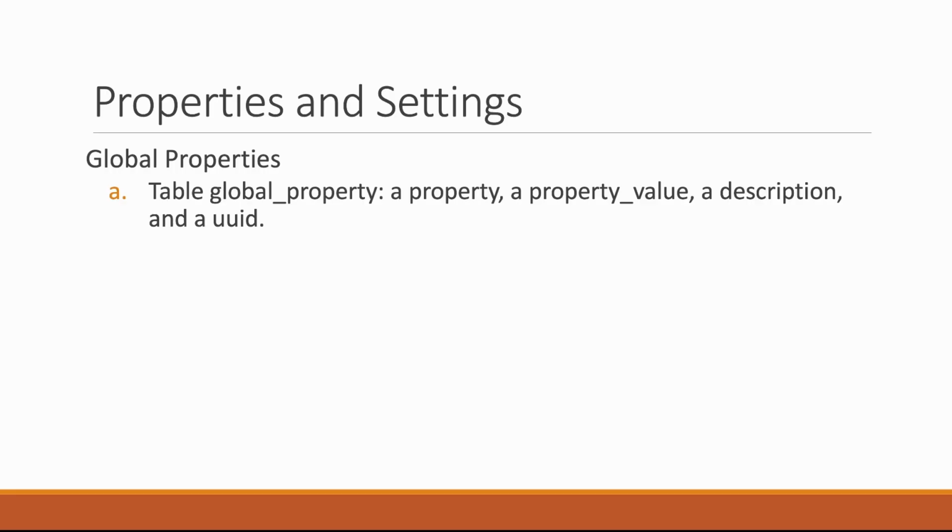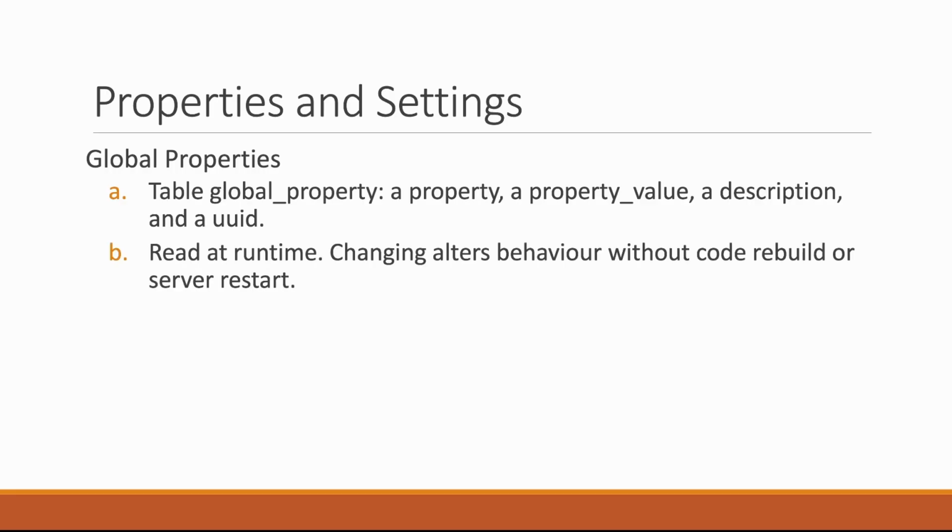These properties are fetched at runtime. Meaning, if you are changing any setting, you don't need to rebuild the code, or restart OpenMRS. It will be applied as the user logs in again. That's the beauty of OpenMRS's properties management.